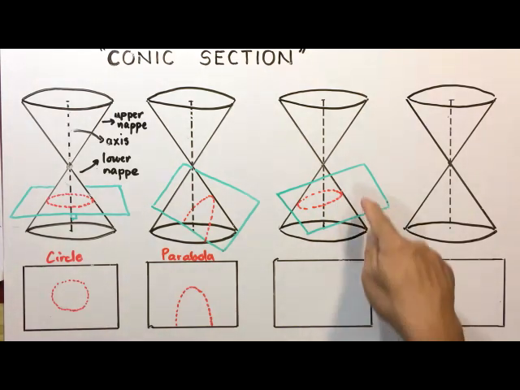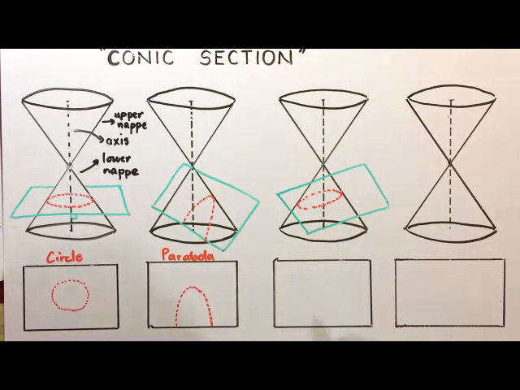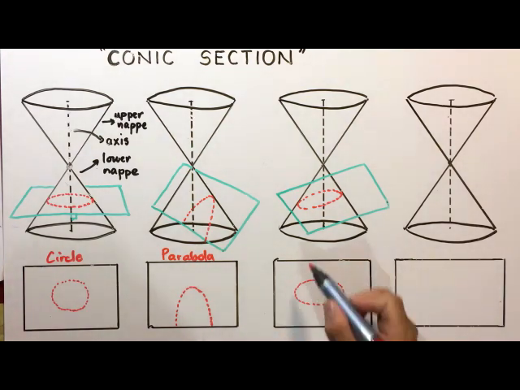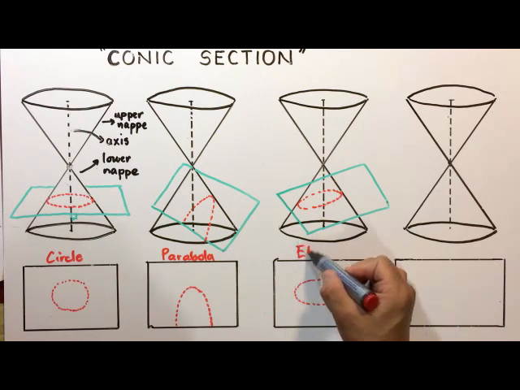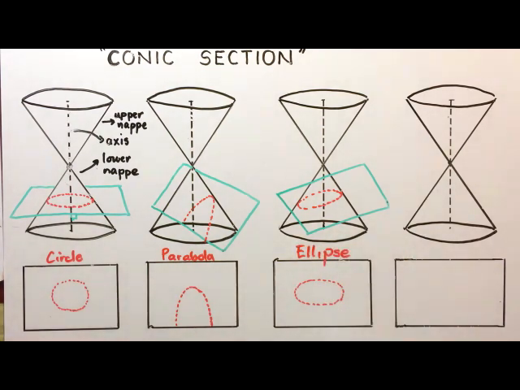So if you place this cutting plane here, you can see that the curve formed is like this. So obviously it's not a circle, but it's what we call an ellipse. So what is an ellipse? An ellipse is a curve traced by the intersection of the cutting plane and the two cones intersected at their vertices.